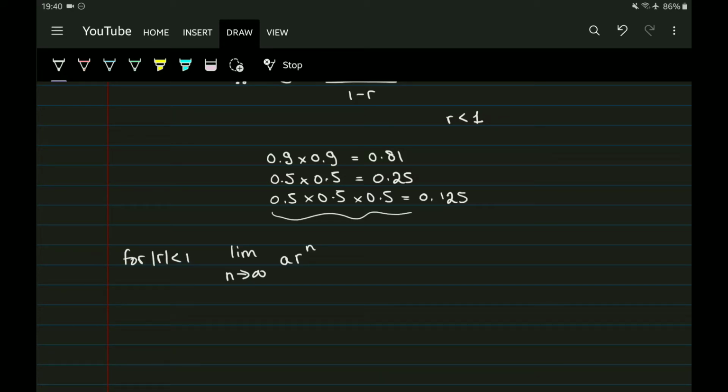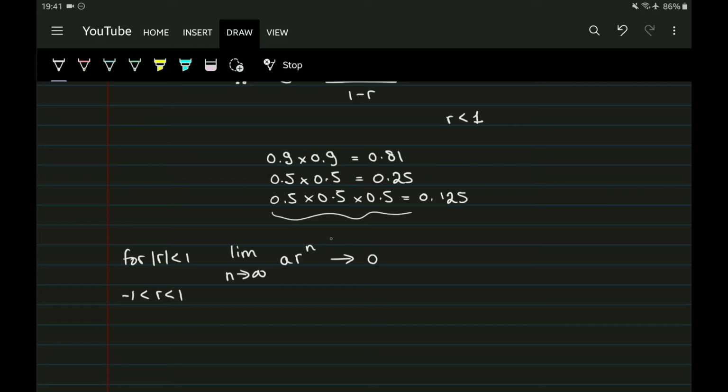I will put a modulus here because it doesn't matter if r is positive or negative, as long as it's smaller than 1. So between -1 and 1, this applies. We can see that this actually tends to 0.